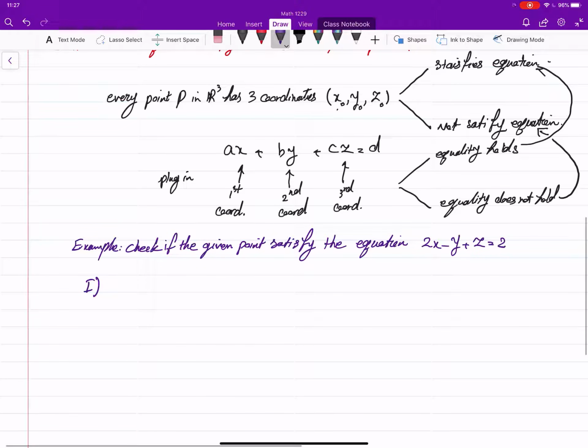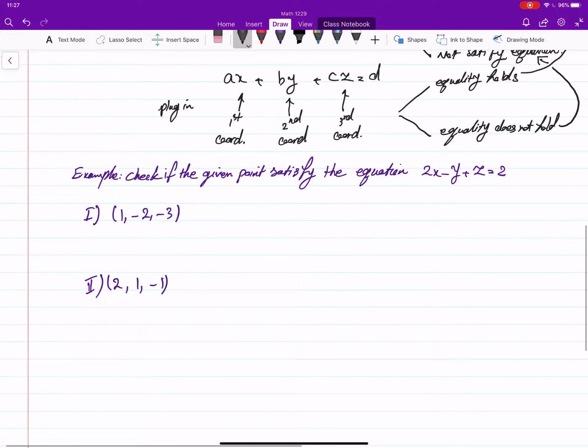Our first point is (1, -2, -3), and the second one is (2, 1, -1). Satisfy means: plug in 1 for x, -2 for y, and -3 for z, and see if the equality holds.